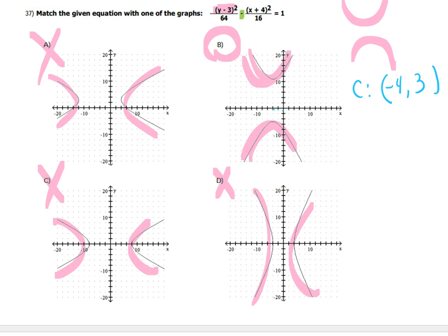So over 2 and then up 3. That'd be right here. Okay, that looks better. And then the denominator is the 64, so it's going to be 2, 4, 6, 8 up and 2, 4, 6, 8 down, and it's that one. So okay.